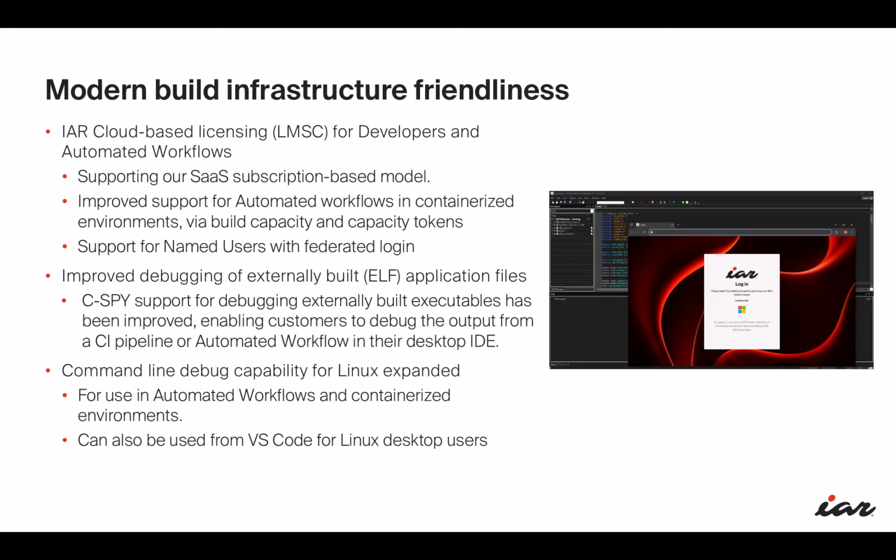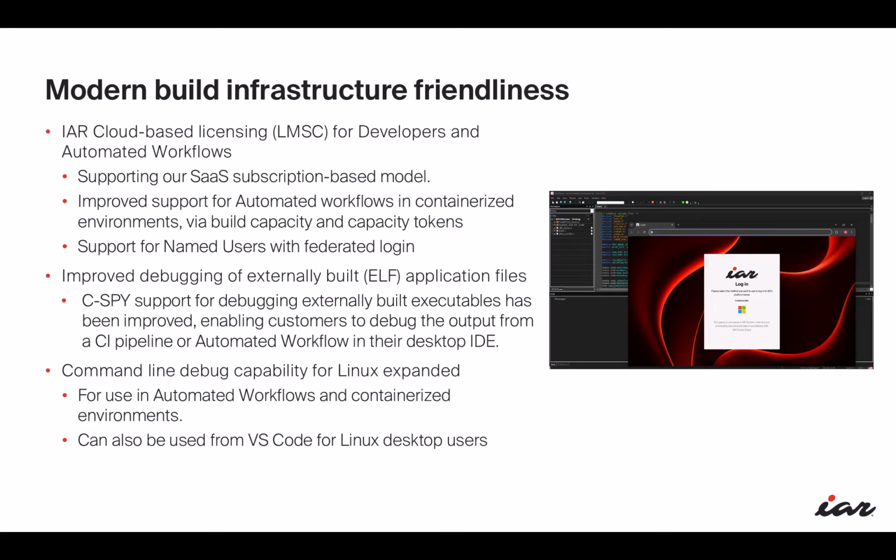Okay, so modern build infrastructure friendliness is something that we worked on. The idea is that it should be easier to use our tools in modern build infrastructure environments. So we added a cloud-based licensing system that supports our SaaS subscription-based model.